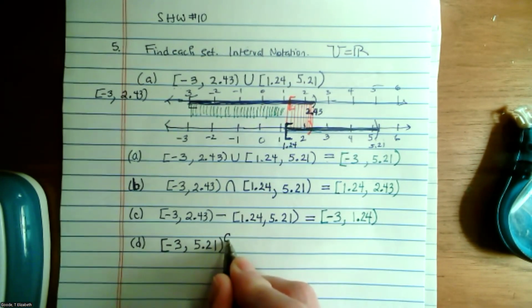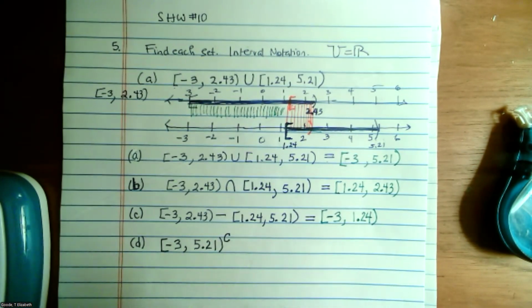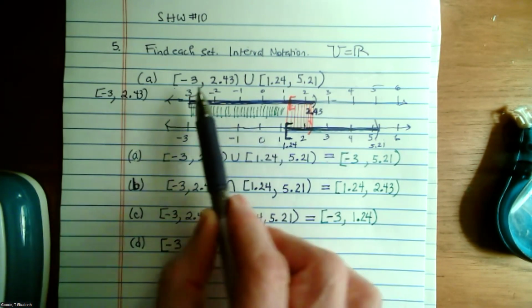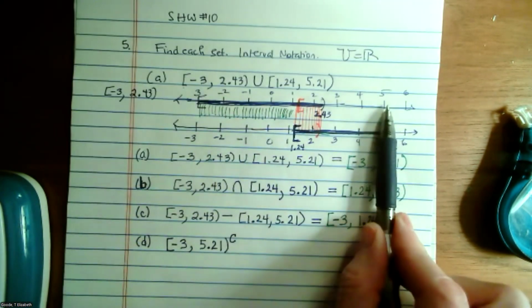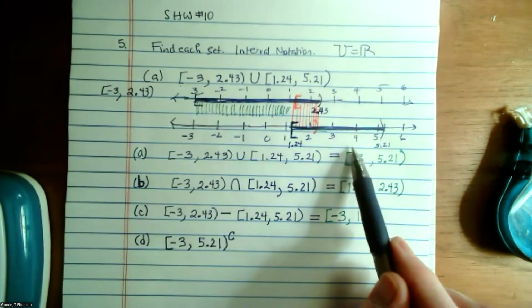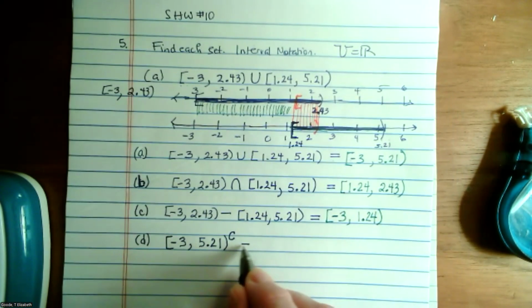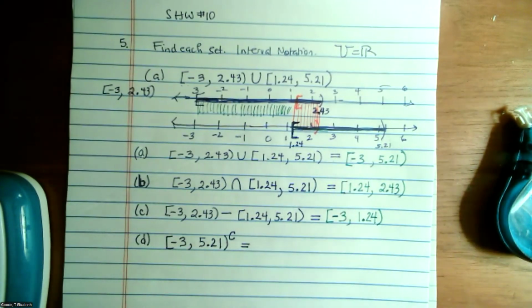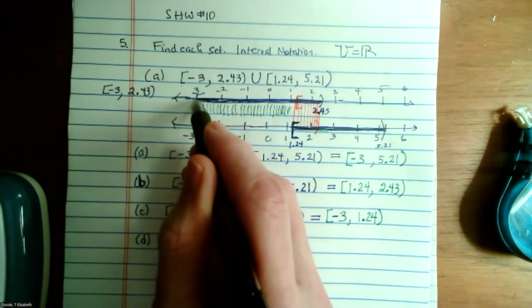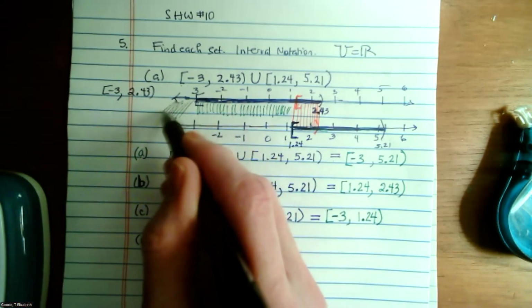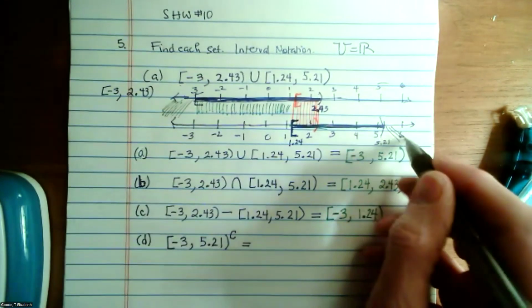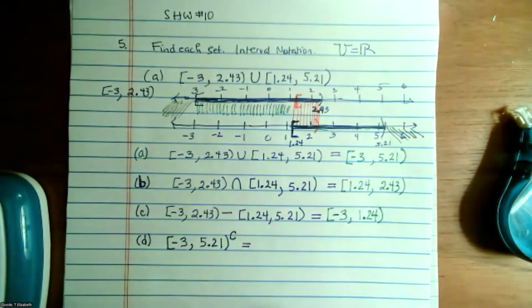So we want the complement of that set. So everything on the real line that's not between here and here. It's everything except these. So it's all these elements that are out here or out here. Does that make sense? Yeah.